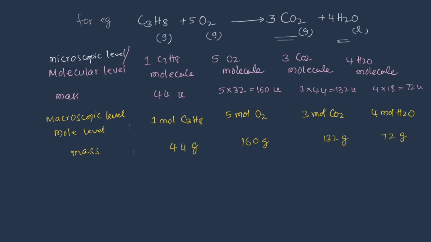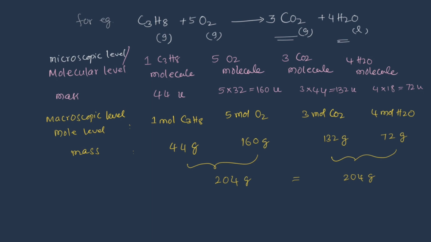Now keep in mind, reactant mass is equal to product mass. Then 44 plus 160 is 204 gram, which equals, the right side should also be the same, 132 plus 72, which equals 204 gram.